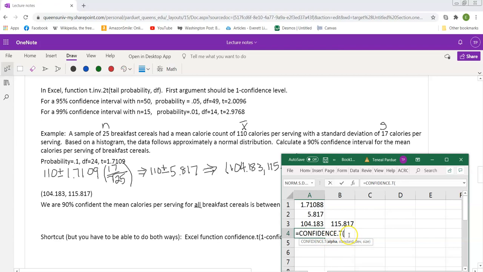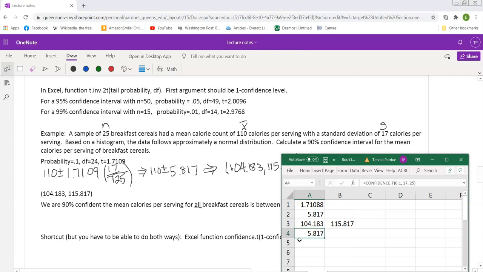That means 1 minus the confidence level. So 90% would be 0.1, this is 1 minus 0.9, and then comma, your standard deviation, which in this case was given in the problem to be 17, and the sample size is 25. That gives you your margin of error in a slightly faster way.